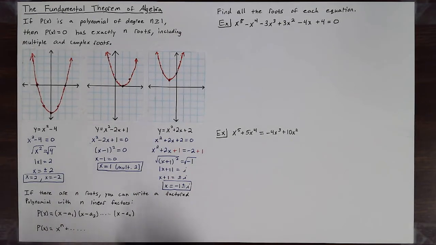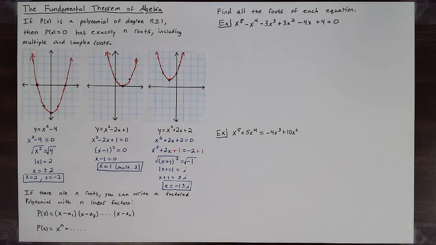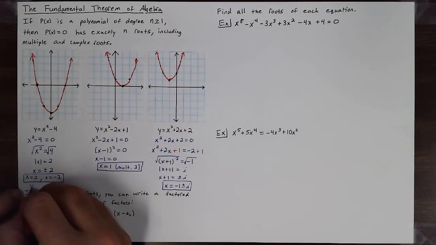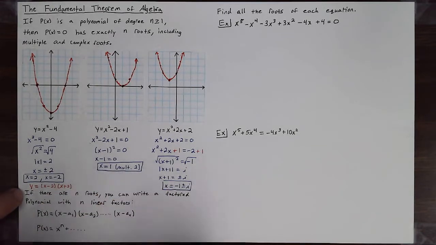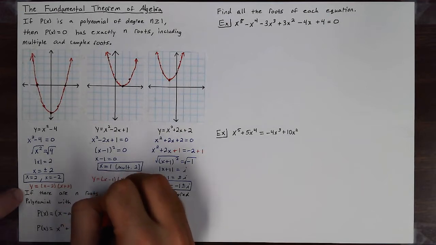Now the way this idea works is that if there are n roots, you can write a factored polynomial with n linear factors, meaning x minus a number. So right here, with x equals 2 and x equals negative 2, I can write y is equal to x minus 2 times x plus 2. Over here, since I got 1 with a multiplicity of 2, I can write y is equal to x minus 1 times x minus 1.